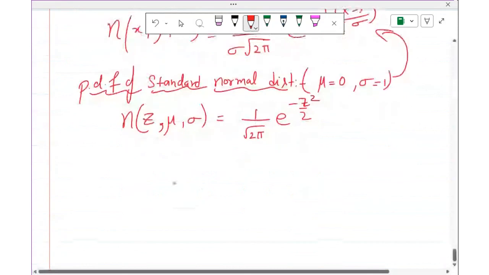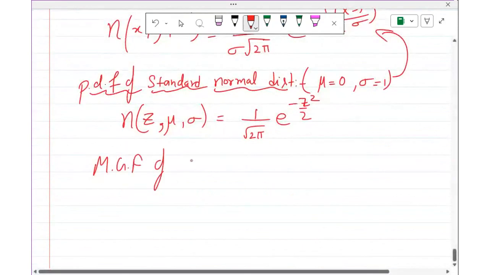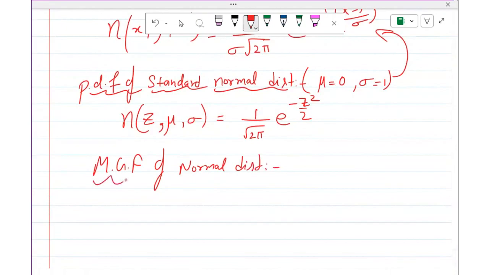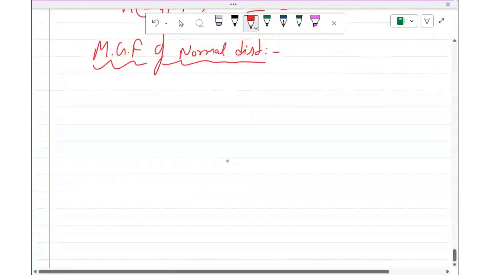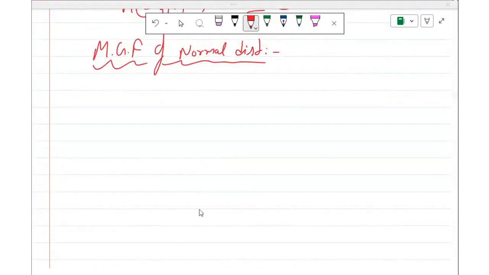Now what is the moment generating function? MGF of the normal distribution. So students, I have never remembered this MGF of the normal distribution, but because you have to give the exam and you have to write it in MCQ questions, that is why you have to remember. Okay, so moment generating function.